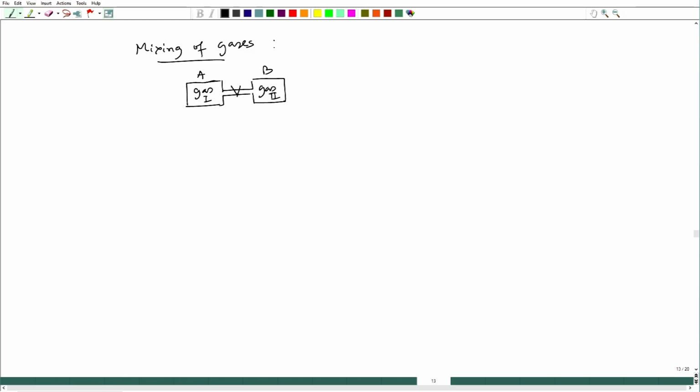We have a stopper there. Let us say this is at temperature T and pressure P, both constant. Now, if we remove this stopper, we will see that both the gases are mixing spontaneously. But separation of these two gases will not happen spontaneously.